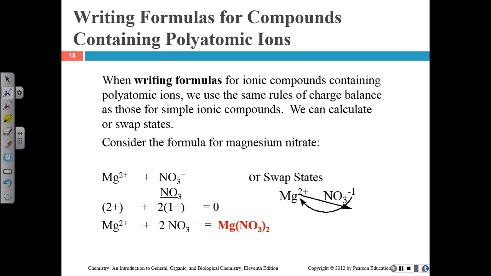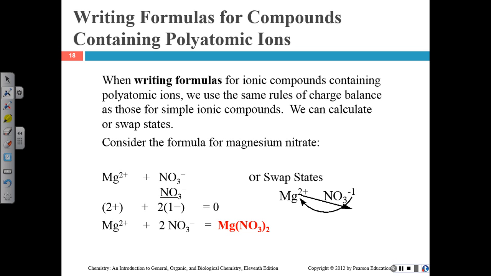And then what we have to recognize is this ATE. We've just been seeing IDE, right? So that's if we had just a nitrogen. But nitrate is a polyatomic ion. So if you look at your chart there, it has a -1 charge. Does everybody see that? So we swap the states.